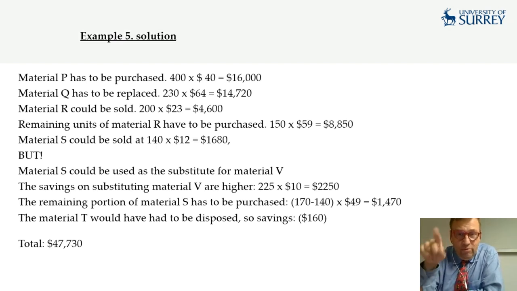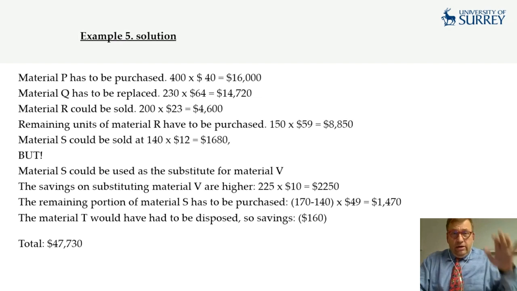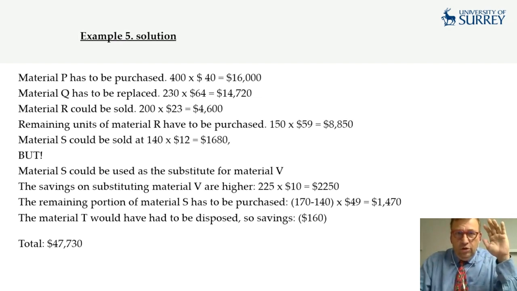Therefore, we put it in brackets as a minus figure, and therefore we arrive at the total figure of 47,730. This is our figure. I know the example was huge and hugely complicated.